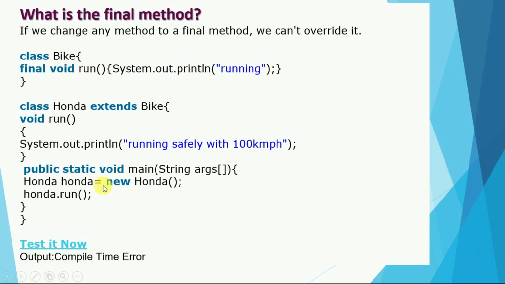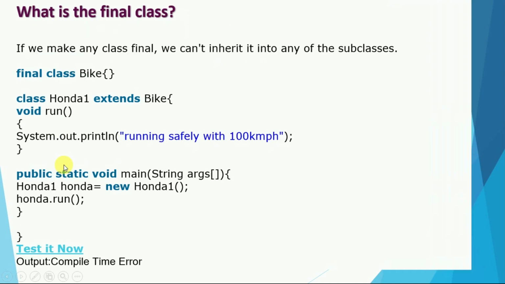Whenever we create an object of Honda, call the child class constructor, and call the run method, it will throw an error, because we can't override it. We are trying to override the method, both having the same name in the child class and parent class.